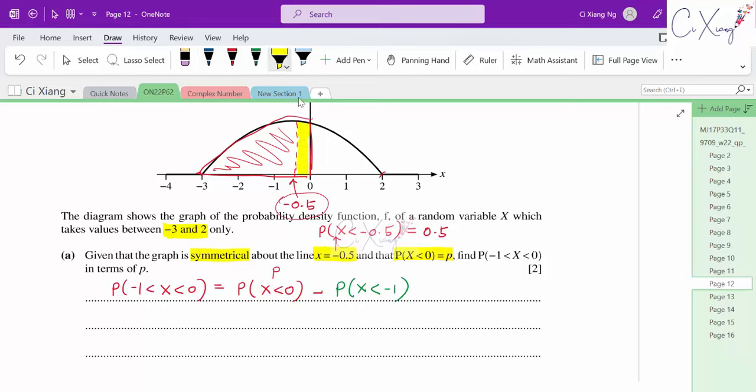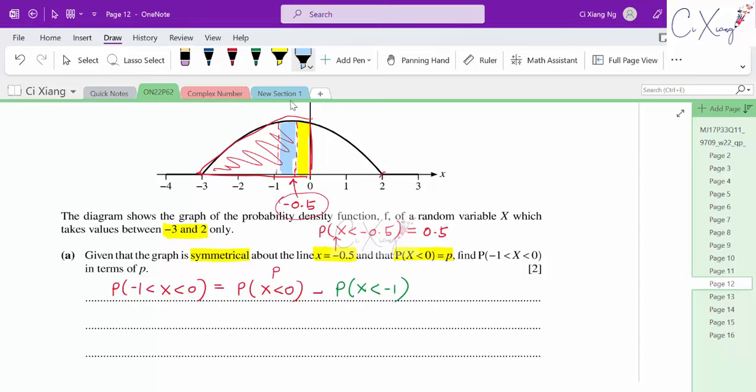And to get the area between negative 1 and 0, I need this blue color part and yellow color part. This blue and yellow color part are the same because the diagram is symmetrical. Therefore, if I can find out the yellow color part, then I can find out the blue color part as well by equating them.